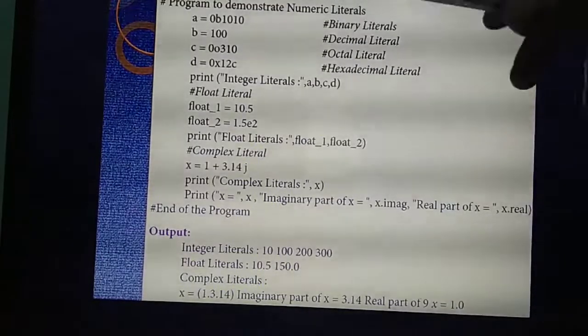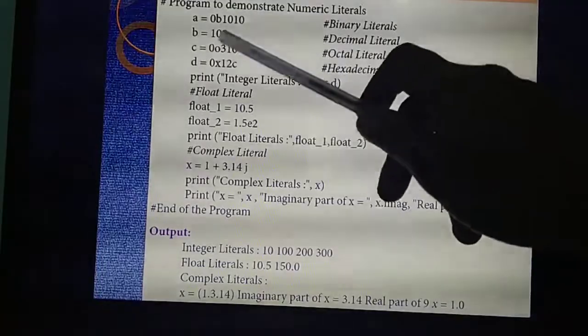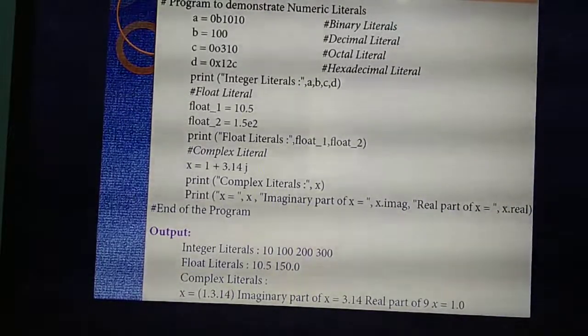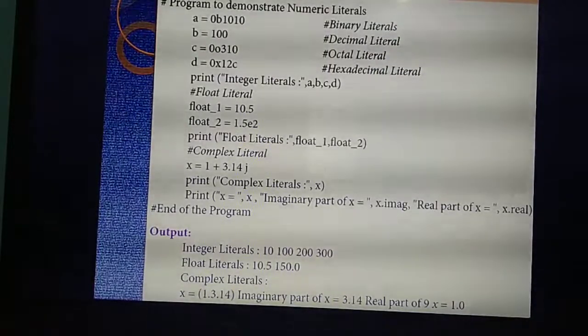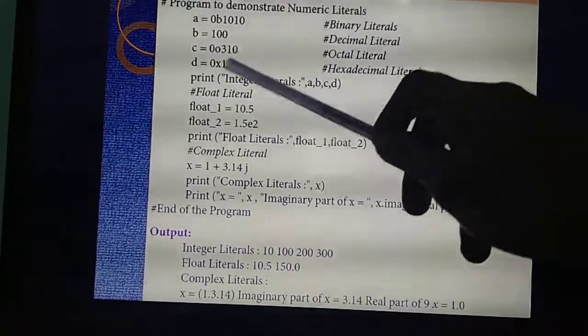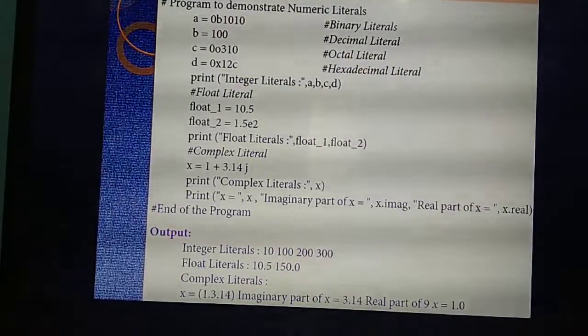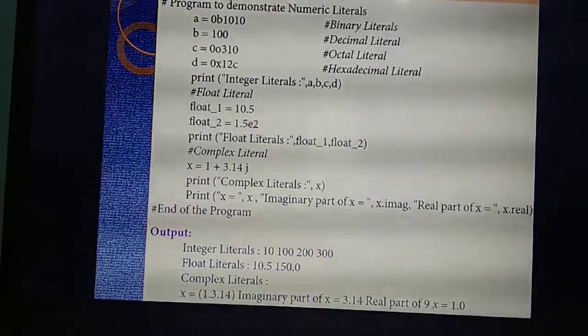Next one: how do you identify an octal number? The number starts with O. The number starts with O, we call it an octal literal. Understand? Next, the number starts with OX. You have already studied this in 11th standard. The number starts with OX, we call it a hexadecimal literal.